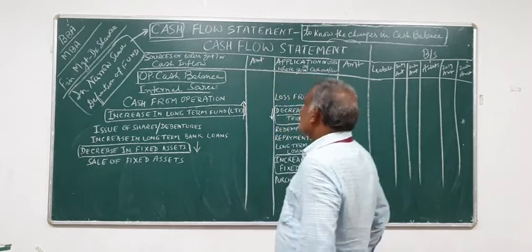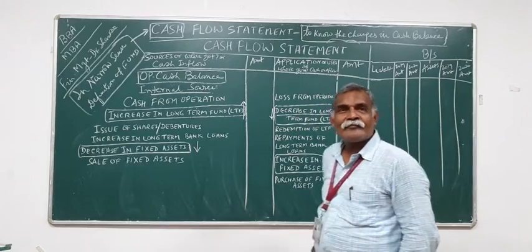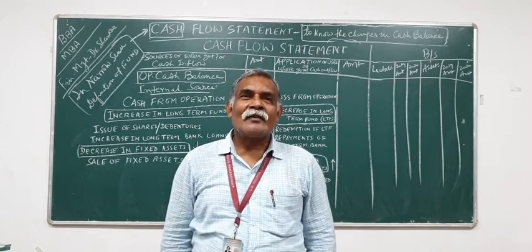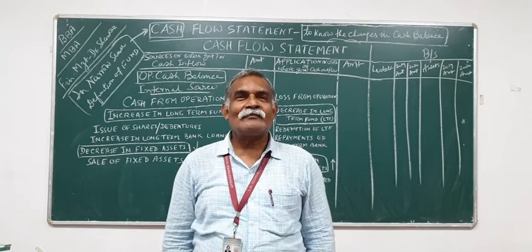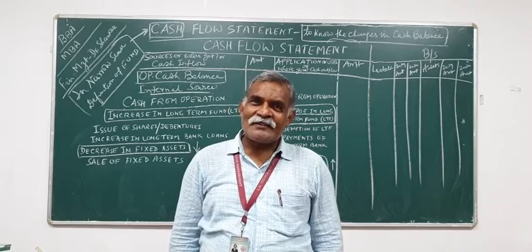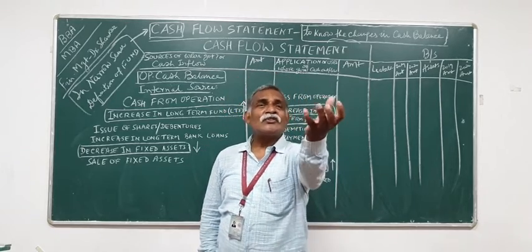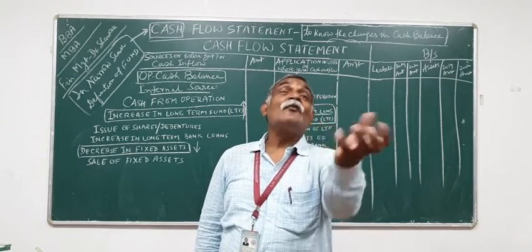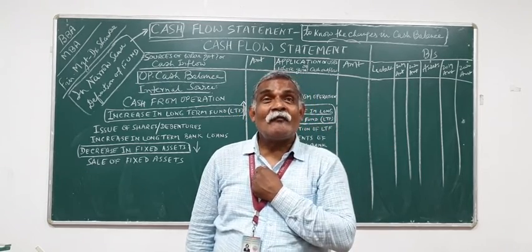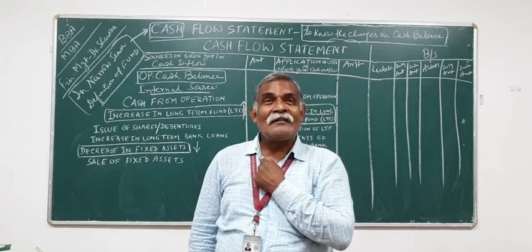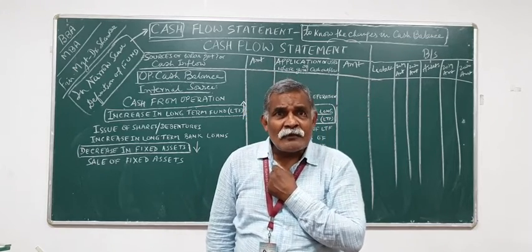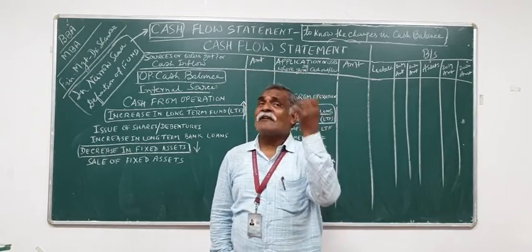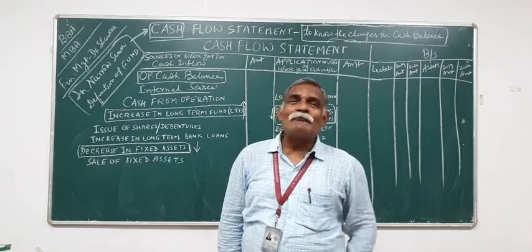Okay, so in cash flow statement, there are again two sides. One is sources and other one is application. Sources, that is the resource from where you will get the cash. From which resources you got the cash. Why you want to watch the resources? Because until unless I will get cash, I cannot utilize. The business will not run.